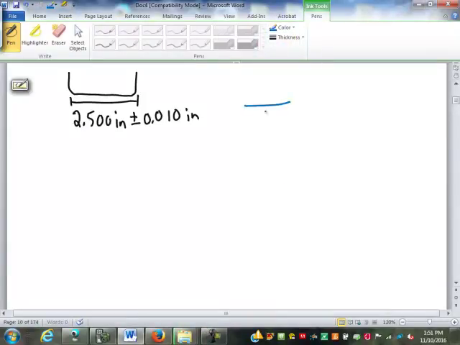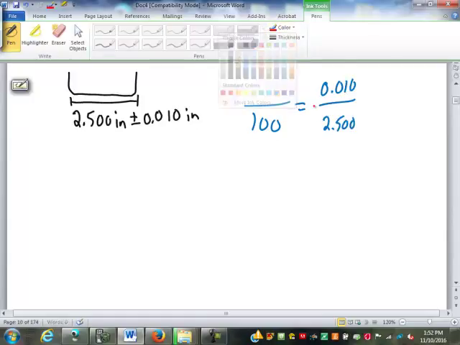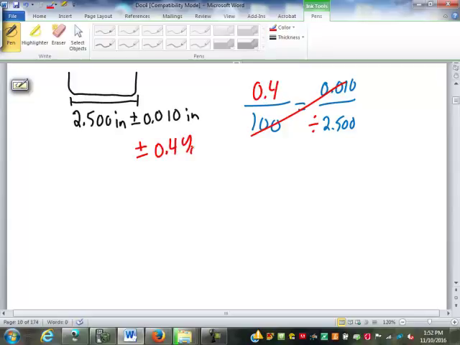So we're going to set this up as blank over 100 because we're changing it into a percent, equals 0.010 over 2.500. Cross multiply and divide, we do get 0.4 over 100. So it's plus or minus 0.4%.